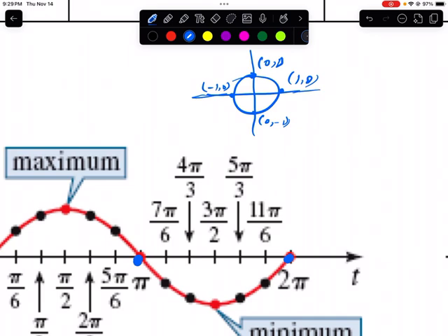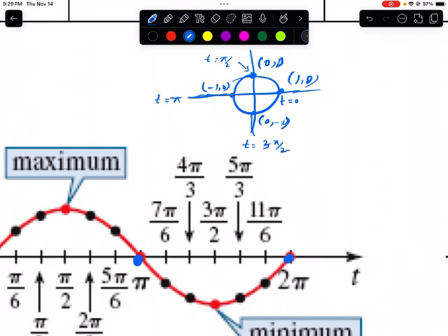So now what t value is each point referred to as? Remember, t is equal to 0 for this value. For the top one here, t is equal to pi over 2, and for this one t is equal to pi, and this one t is equal to 3 pi over 2.